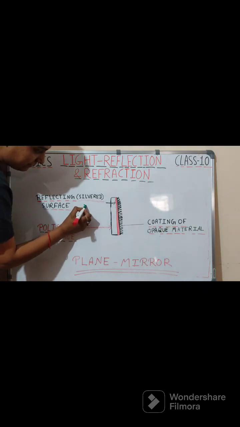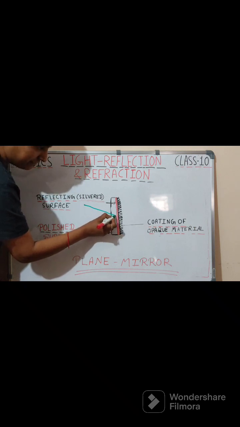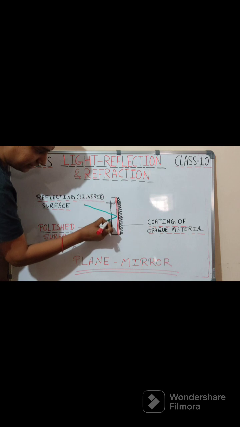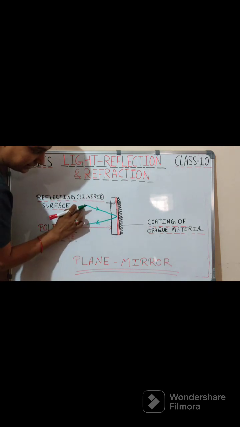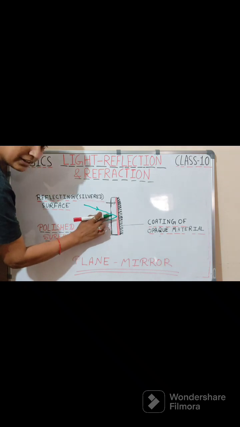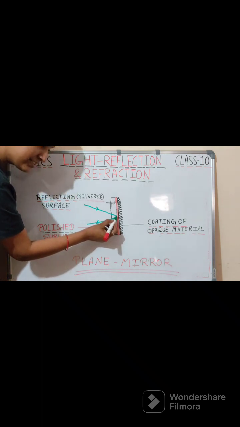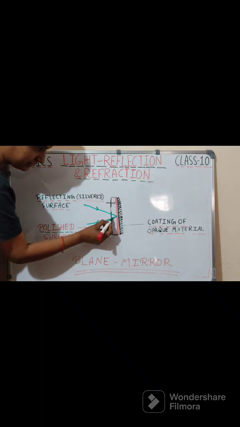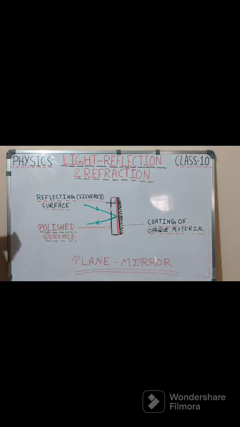When the light ray falls on this polished surface, it gets reflected from this silver layer. The light enters into the mirror from the polished surface and gets reflected from the silvered surface of the mirror. This is how the plane mirror works.